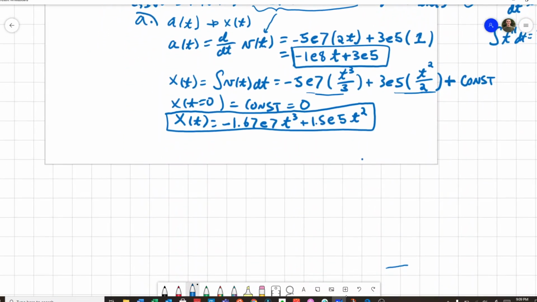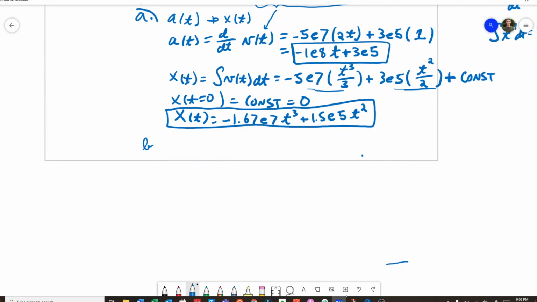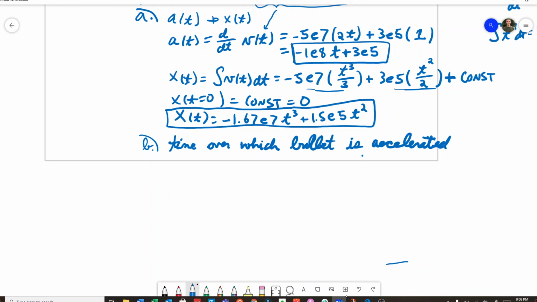Now, in part B, I am asked, determine the time interval over which the bullet is accelerated. All right, so I want the time interval over which the bullet is accelerated. In other words, the time interval over which the bullet is actually in the barrel.